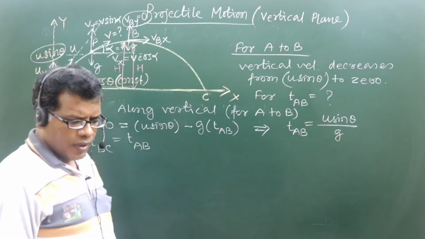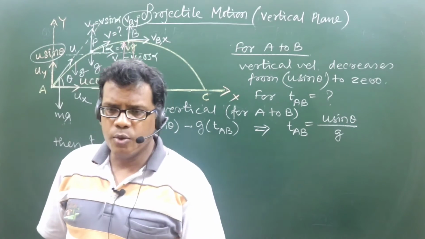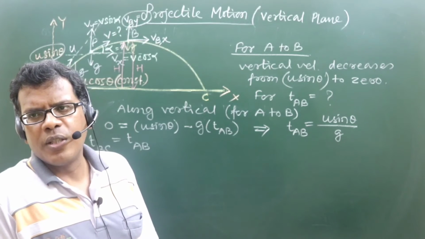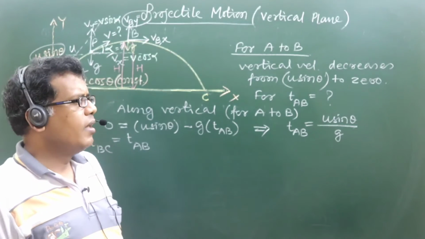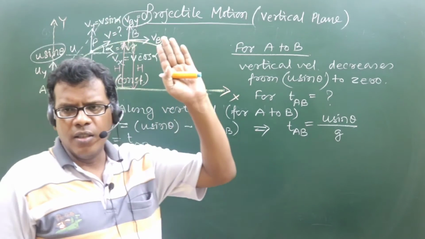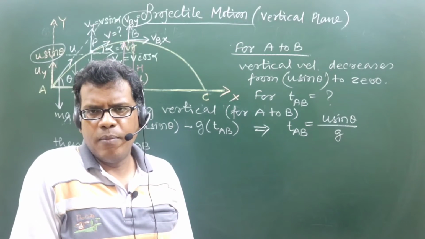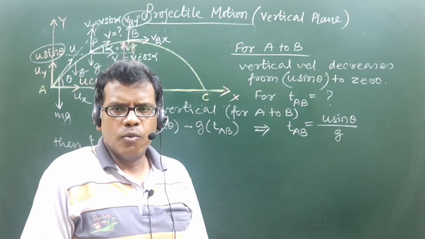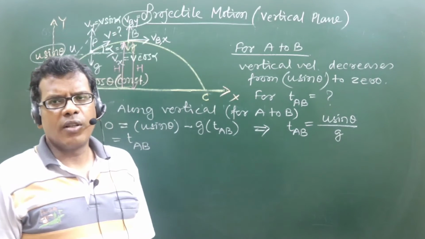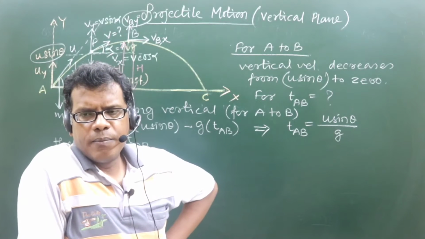So for equal vertical upward and downward motion under the same value of g, ascending time is equal to descending time. Are you getting me? For a certain vertical journey in the upward direction, the time taken will be the same if it falls through the same height. The downward motion will take the same time as the ascending motion for that particular height gain.